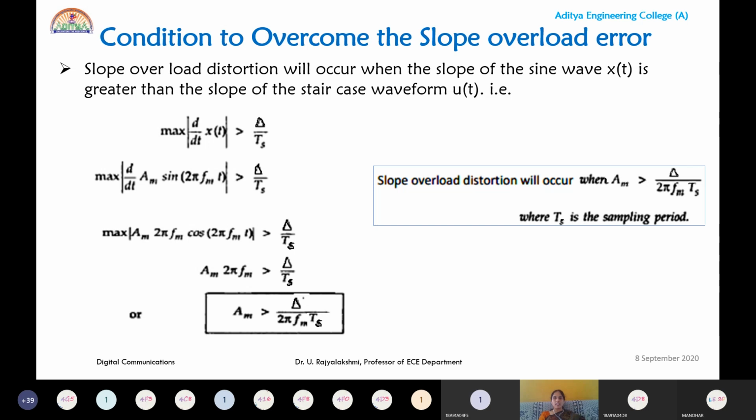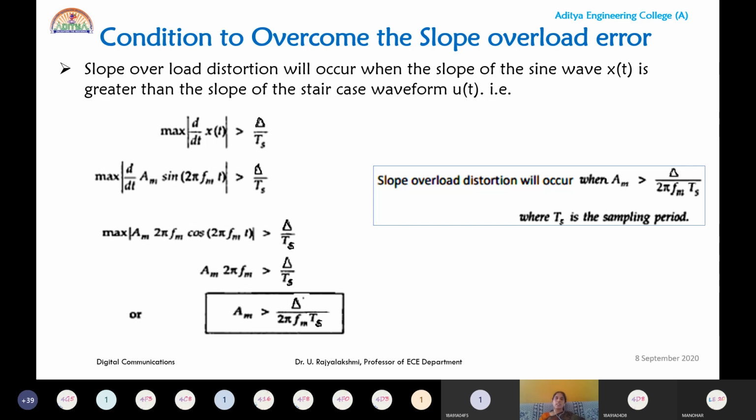When Am is greater than delta by 2 pi fm Ts, because you have Am into 2 pi fm greater than delta by Ts. Take 2 pi fm to the right hand side, so that you get Am greater than delta by 2 pi fm Ts. So slope overload distortion will occur when the maximum amplitude of the message signal is greater than delta by 2 pi fm into Ts.